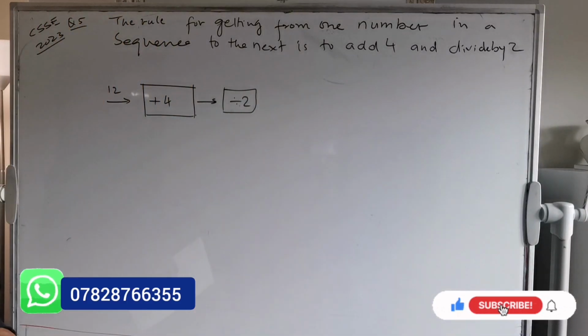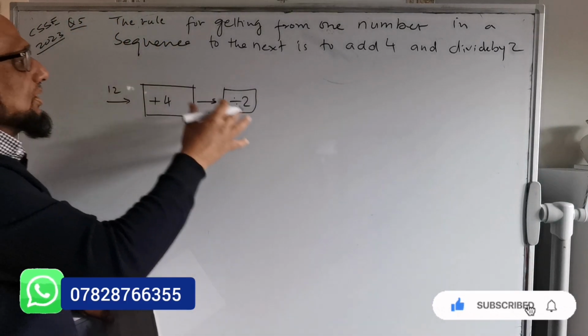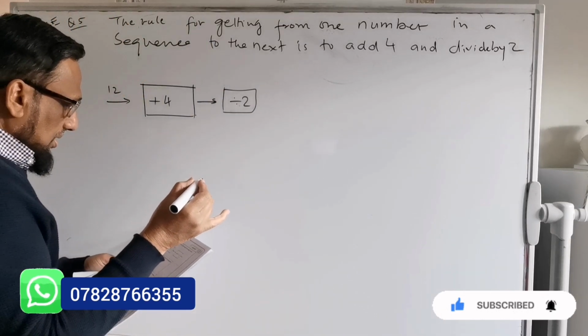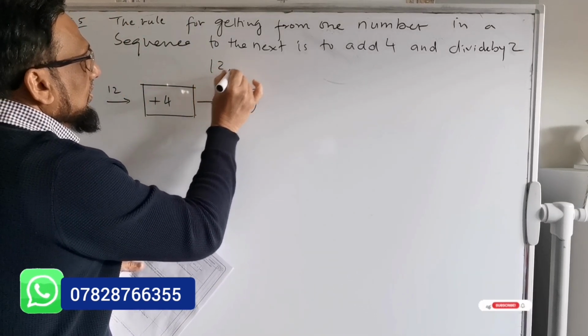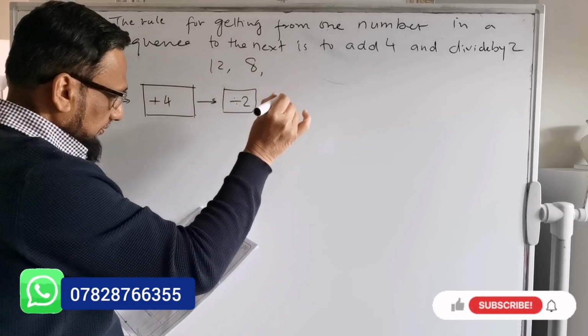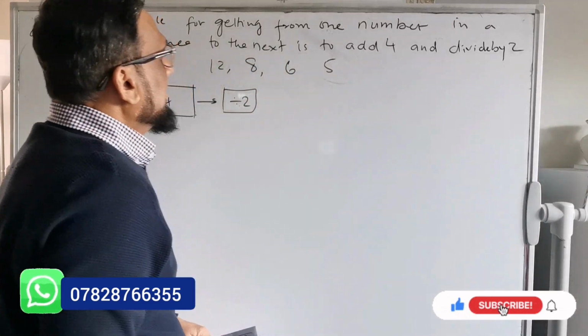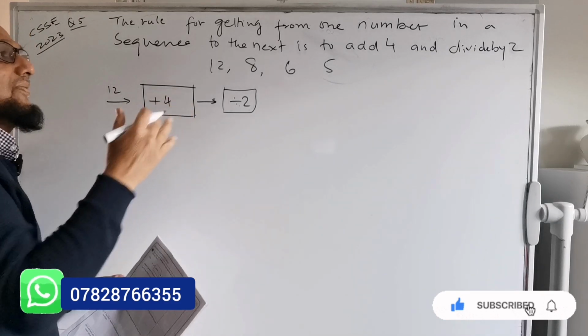This is the rule they are giving. For example, they give the sequence 12, 8, 6, 5. This example is already given in the paper.